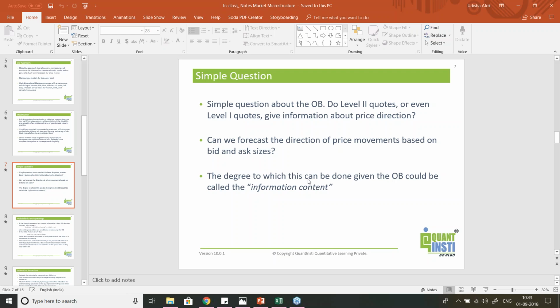That is, with 52% probability, you can say that the market is going to go up in a certain situation. So you are saying that your order book has yielded you some information, right? That is slightly more than 50-50 odds of making a prediction. So you can say that there is some information content in the order book.